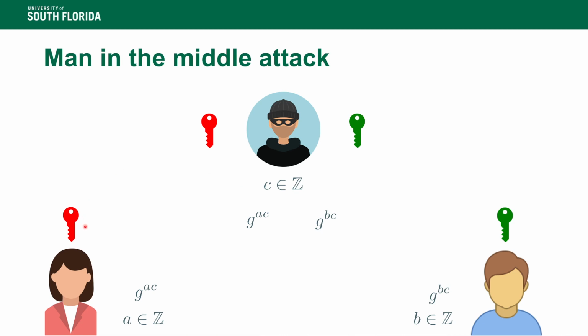So Alice could think that she created a session key for secure communication with Bob, while really she's talking to an adversary. That is known as the man in the middle attack. So we need somehow a trusted third party to authenticate the communication so that Alice knows that she's exchanging a key with Bob and not with an adversary.